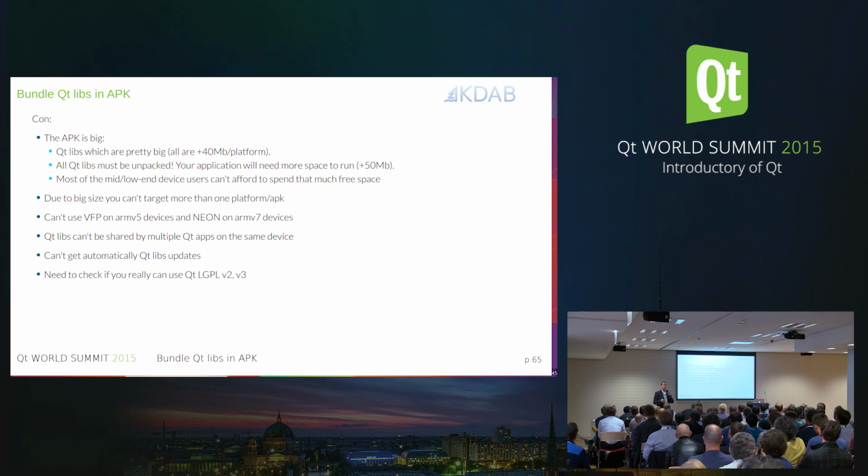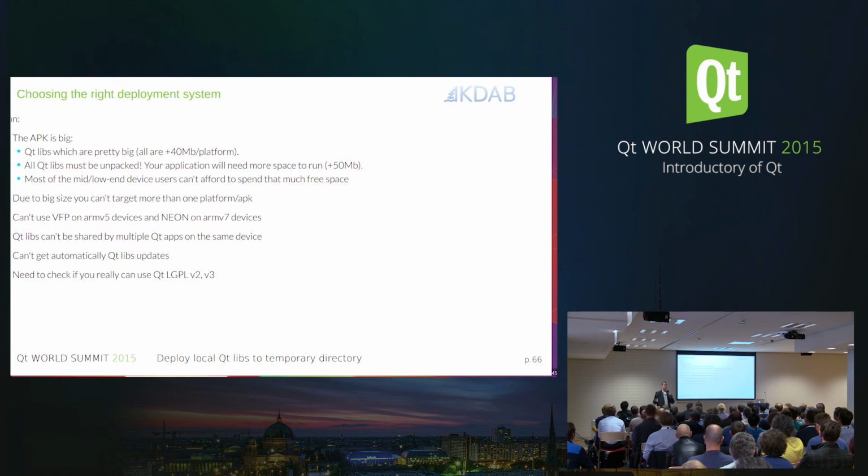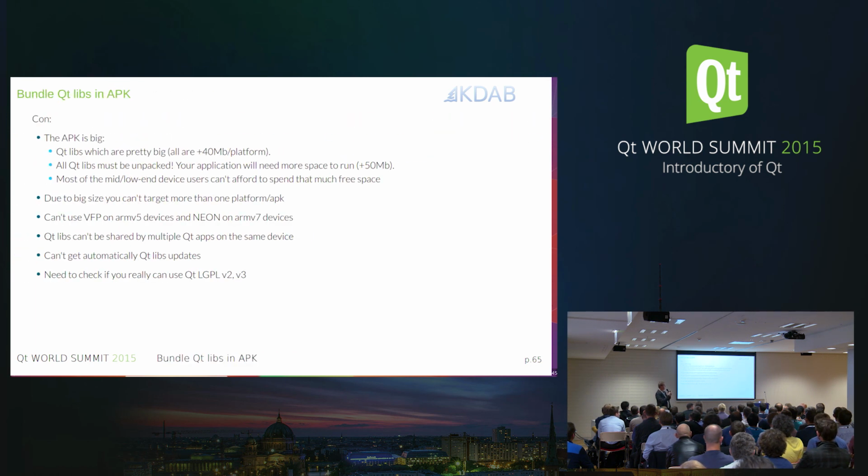An average application will use about 15 megabytes of Qt libraries, less than 50. You can't use VFP on ARM5 devices, neither Neon on ARM7, because not all ARM7 devices have these features.